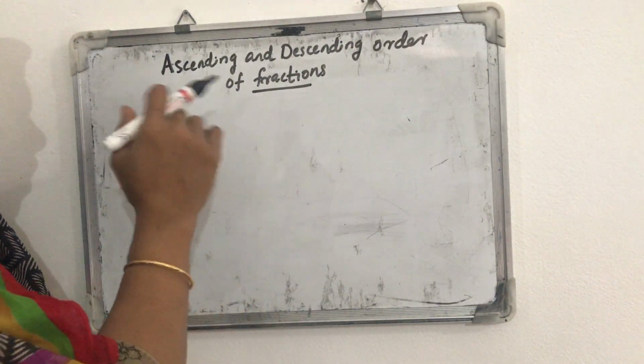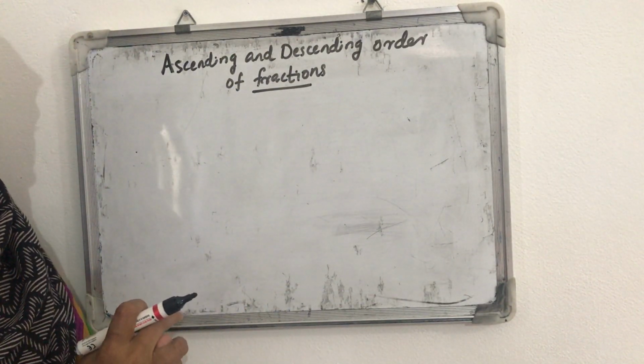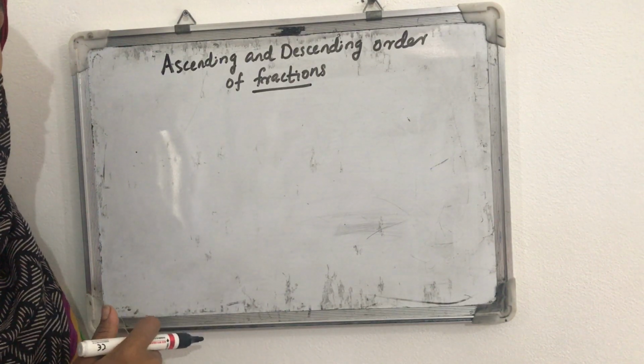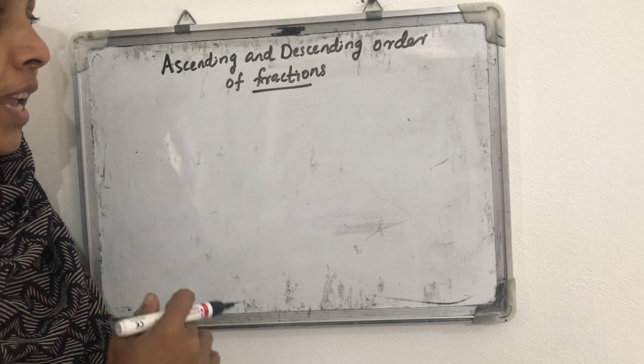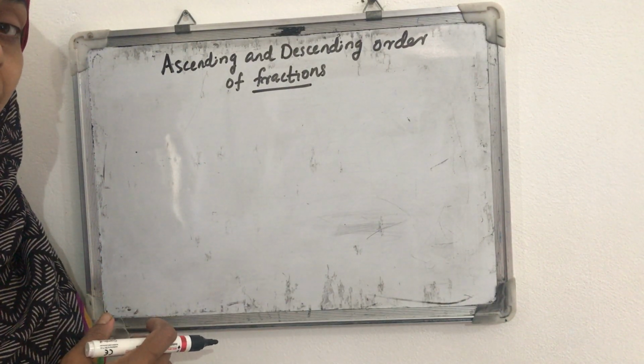Now how can we discuss ascending and descending order of fractions? In the case of numbers, we learned how we write numbers in ascending and descending order. What is meant by ascending order?